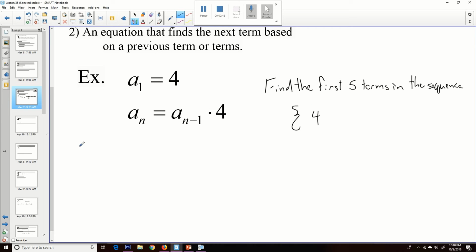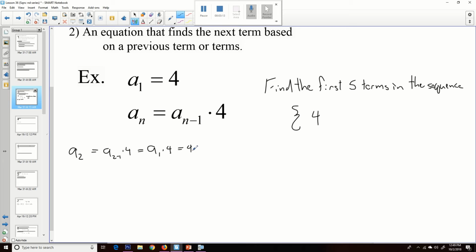And so the second term would be a sub 2. Now, in this particular instance, 2 is the n value. And so what that means is that a sub 2 minus 1 times 4 would be the same as a sub 1 times 4. Now, we know from the first given definition that a sub 1 is 4.